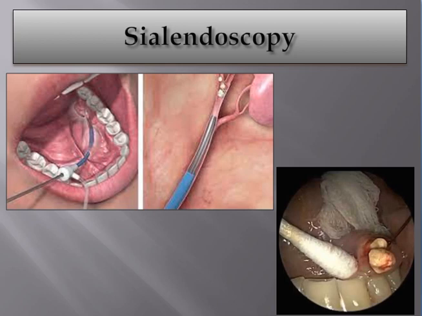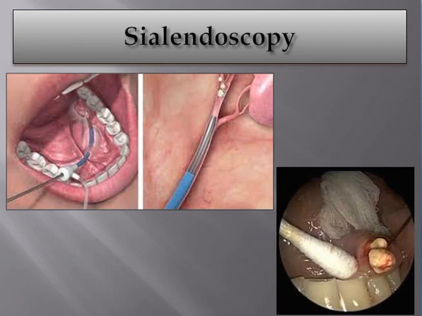Management of sialolithiasis should begin with conservative measures, including massaging the salivary gland, non-steroidal anti-inflammatory drugs, and sialogogues. Signs of infection, including cervical adenopathy, purulent discharge from the salivary ducts, or erythema surrounding the salivary ducts, indicate the need for antibiotic therapy.